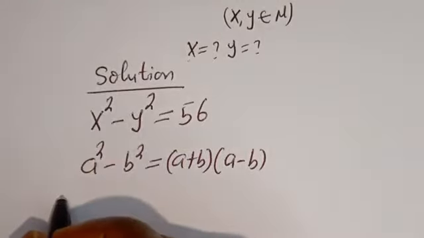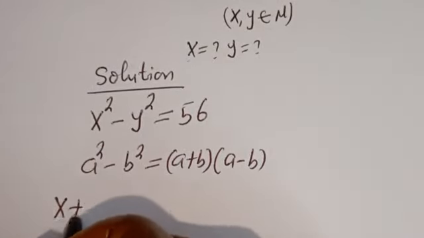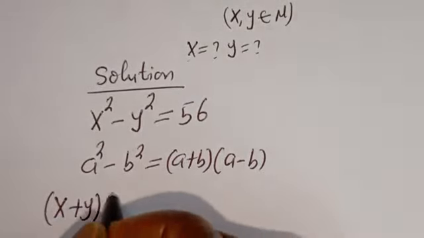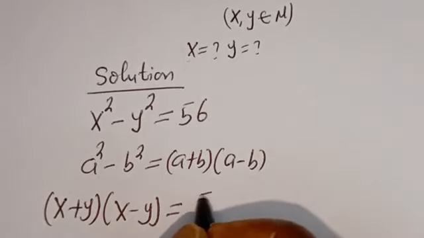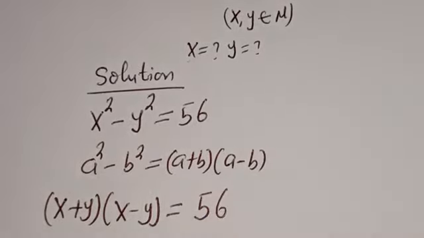Then this can be written as (x plus y)(x minus y) is equal to 56.